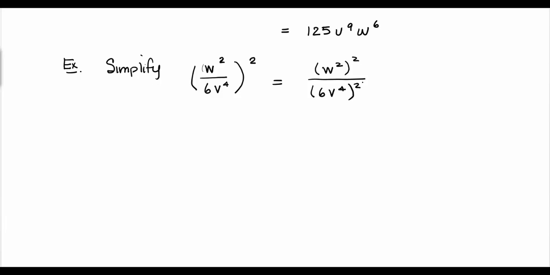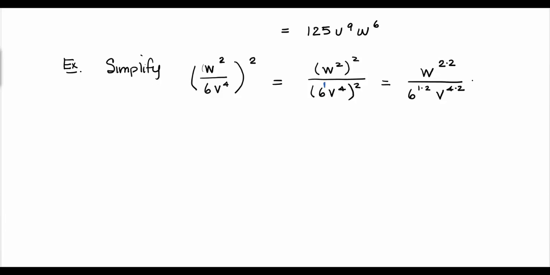Right? So now if I use my power rules, I have w to the 2 times 2. And then remember again, my coefficient is also its own base. It has an exponent of 1. So that would be 6 to the 1 times 2, v to the 4 times 2.